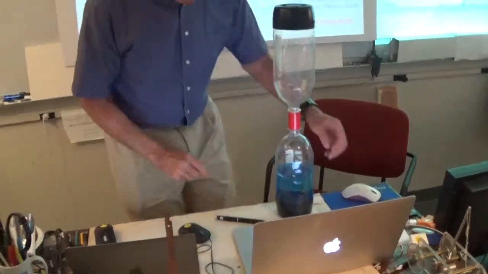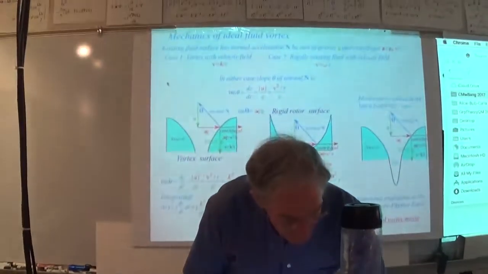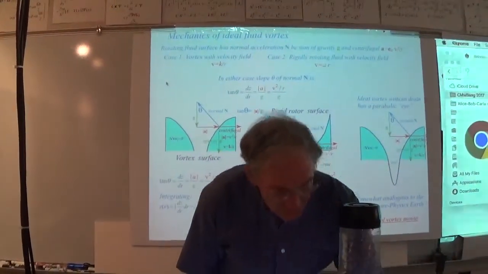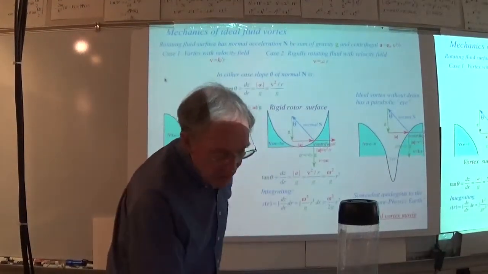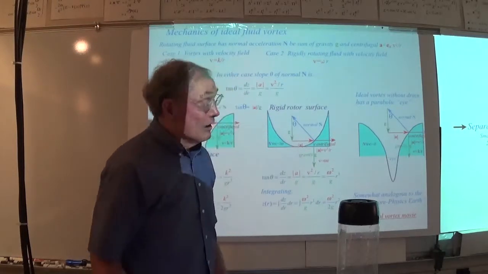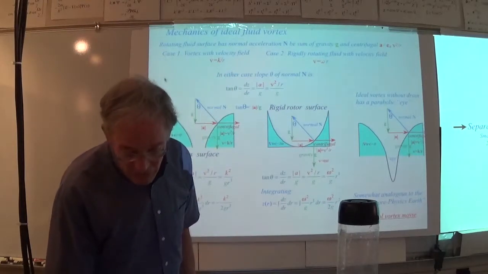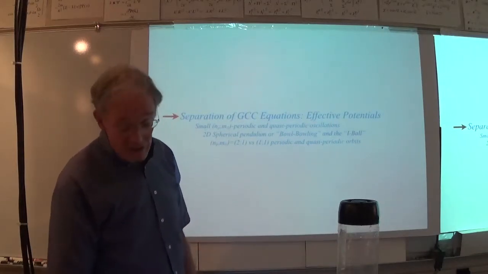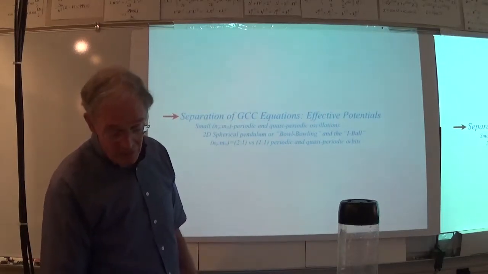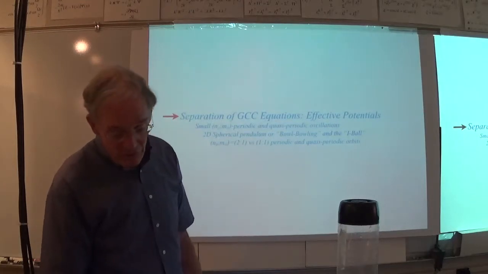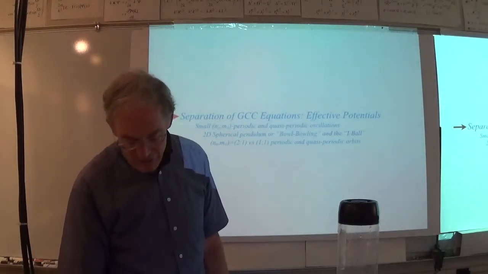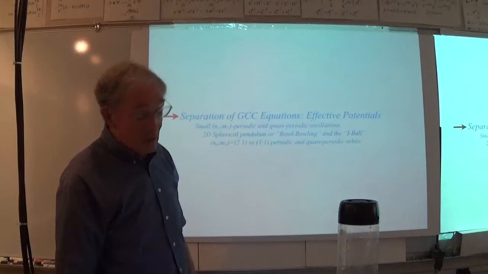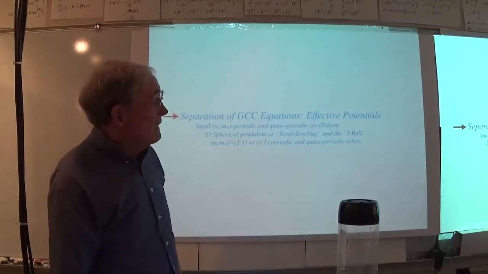Okay, let's get back here. We've got a couple more things to take a look at. Effective potentials we've already discussed, so I can roar through this, I hope. But I'm giving you a problem on effective potentials this week. That's the cone. This is the eyeball that we're looking at here today.